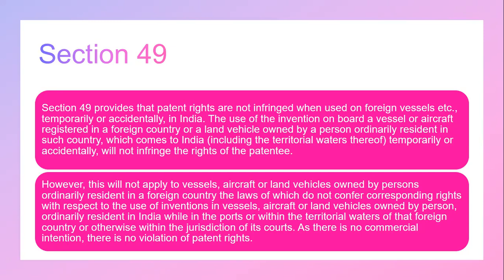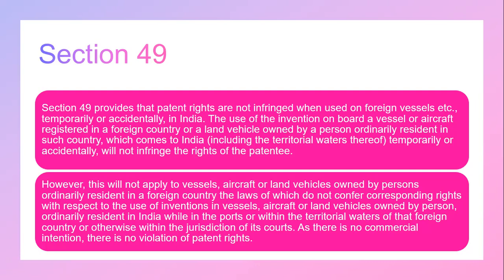So section 49 provides that patent rights are not infringed when used on foreign vessels which are temporarily or accidentally in India. For example, I have a patent on some machine part, and that machine part is being used as a part of an aircraft. And that aircraft comes to India accidentally, or on a temporary basis, like it has just made a landing.